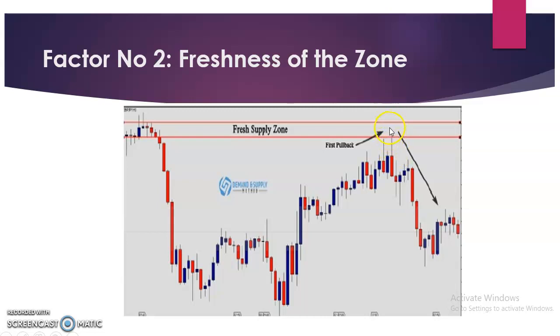We say that you sell from supply zones, of course, and you buy from demand zones. So when price is going down, that's where you sell. When price is going up, you buy. All right. So when price pulled into this particular zone to mitigate it, this is the first mitigation and represents the highest probability. Okay.